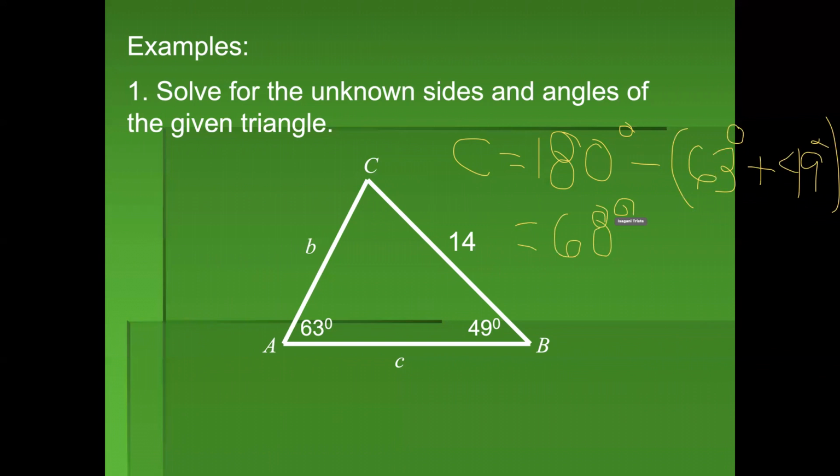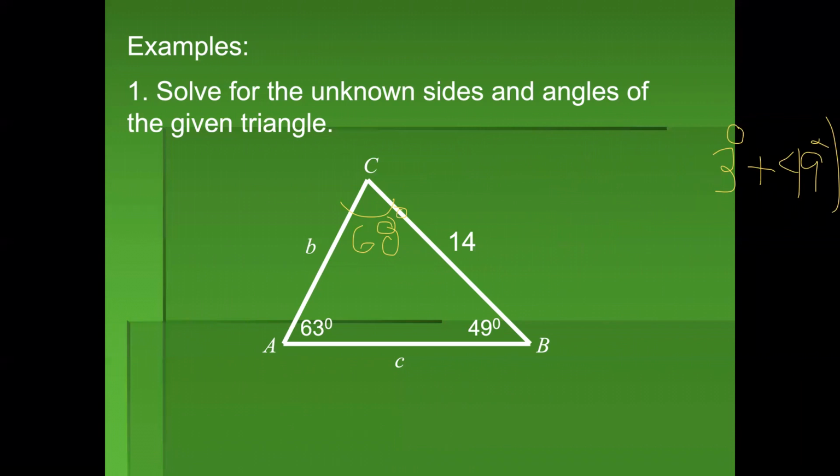So meaning angle C is 68 degrees. Every time that we are solving for a missing angle and we already have two angles given, we can just subtract the sum of the two angles from 180, because remember, the sum of the angles of any triangle is always 180.